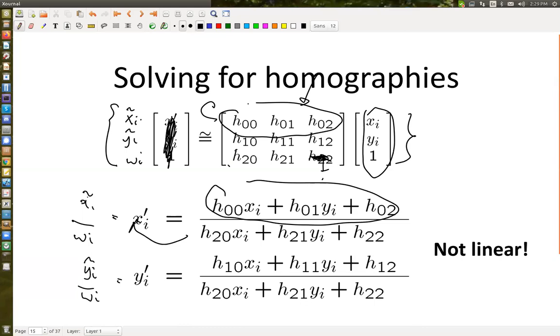I'm not very good at numerical analysis, but this is related to it: if I constrain this to be one, most of the time it won't give me as robust a solution as if I allow this to be an arbitrary value first.